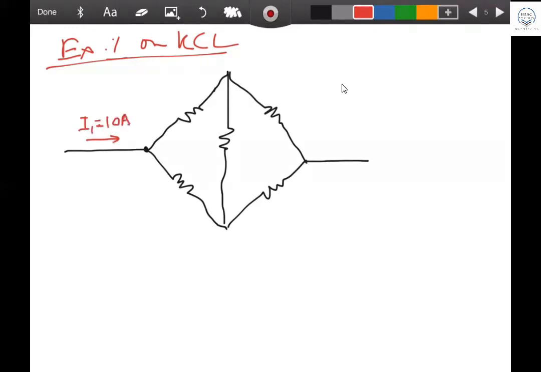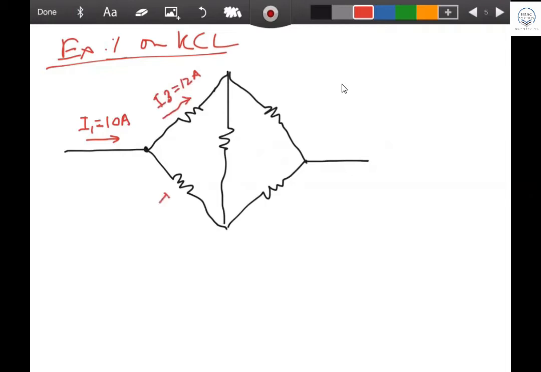Another current is flowing through this resistor, I3 equal to 12 ampere, and the current here is I2.